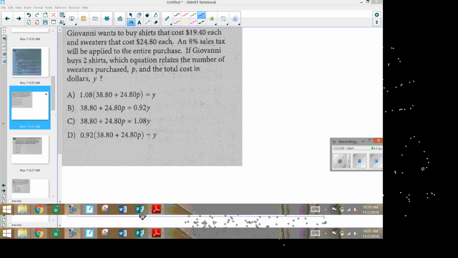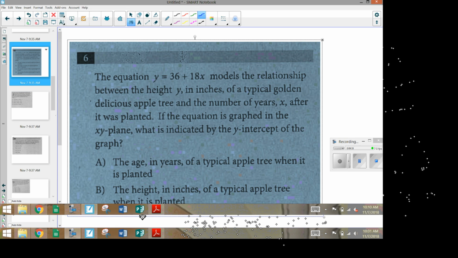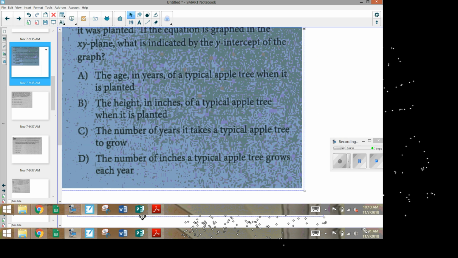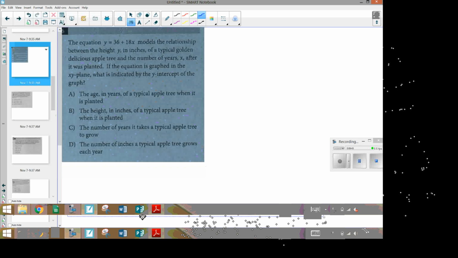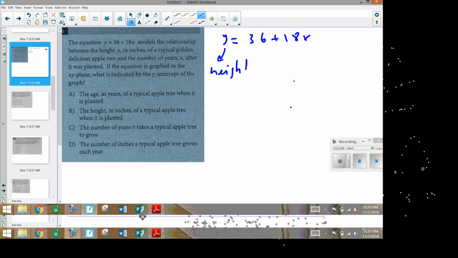Giovanni wants to buy shirts that cost 19.4. Okay, let's do this one. The equation models the relationship between the height, y, in inches of a typical golden delicious apple tree, and the number of years, x.